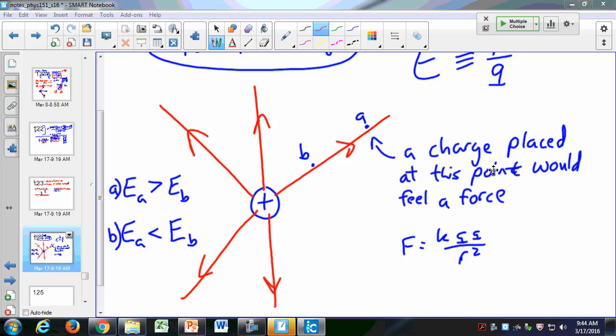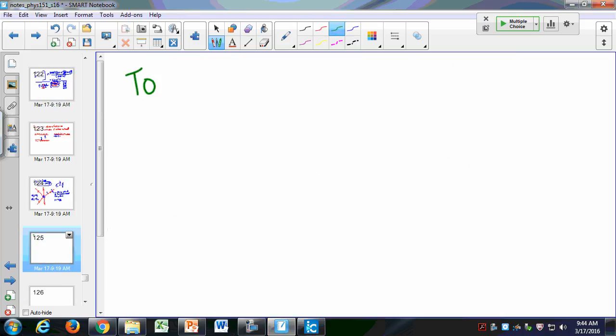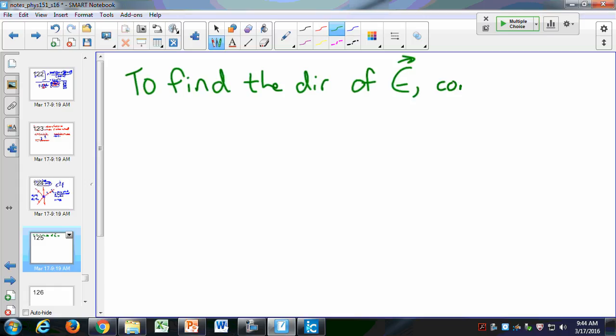Okay, the direction of the field is the direction that a positive particle would feel if it was in that field. So to find the direction, I'm going to go down to the next page actually. Consider a positive particle at that position.